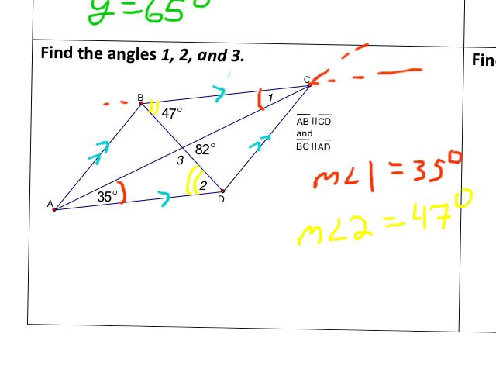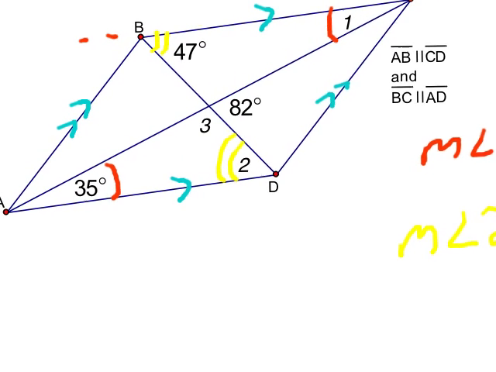Okay, and we've got one more. We want to find angle 3. I know that angle 2 is 47, and I know that all the angles in this triangle add up to 180.